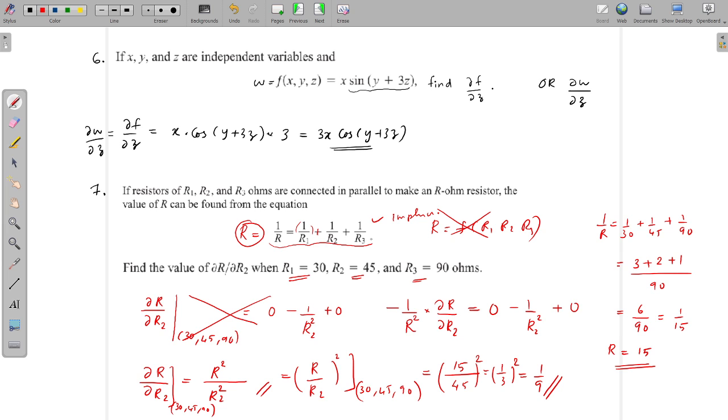That expression will be much more complicated, and you will have to use the quotient formula and all. So this is the easiest method, the implicit form method. That is the easiest way to find the derivative of R with respect to R2.